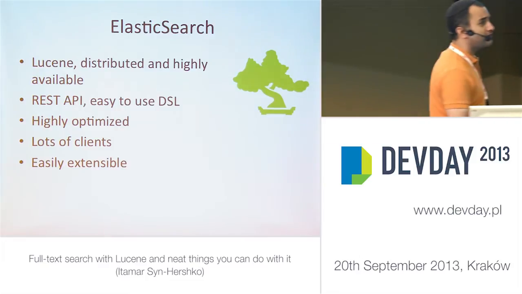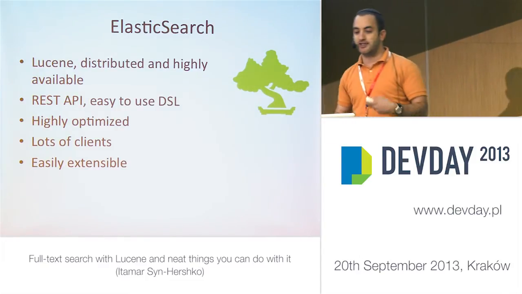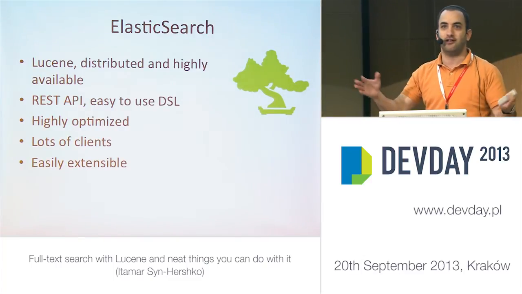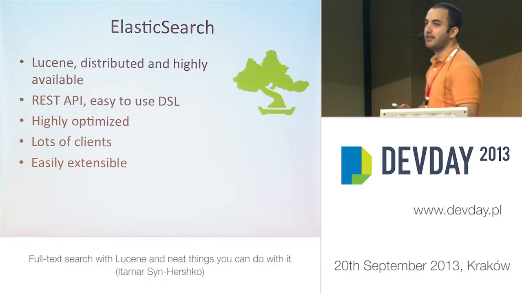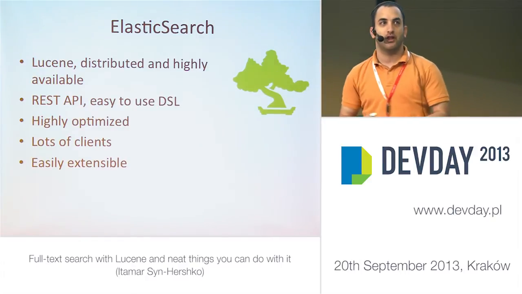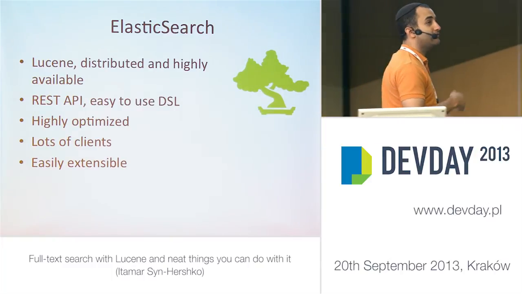Now, ElasticSearch doesn't end here. It does a lot of other stuff. For example, the entire ElasticSearch thing is exposed through the REST API. So you can talk with ElasticSearch using any language of your choice. ElasticSearch also has bindings for many languages.